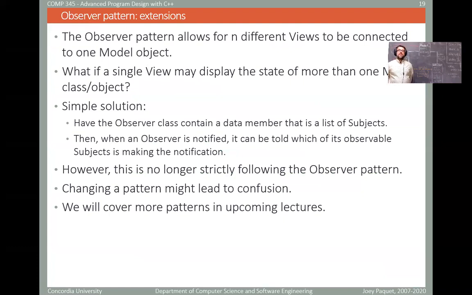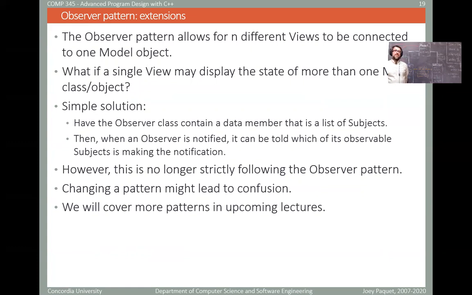You can also have some variations. As with any pattern, you can have some variations of a pattern. For example, what if you want to have n different views connected to it? In the observer pattern, you can already connect n different views to one model object.